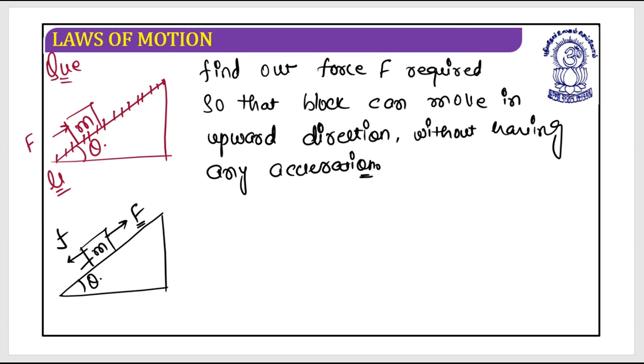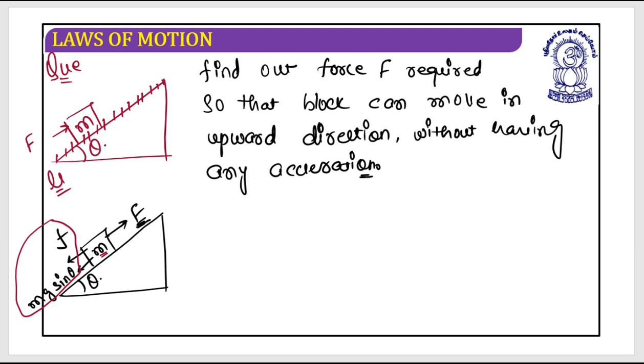So this is friction. And there is mg sine theta. So if the external force F is equal to friction plus mg sine theta, then your block M would be moving in the upward direction without having any acceleration.